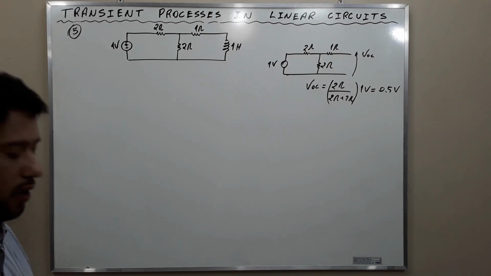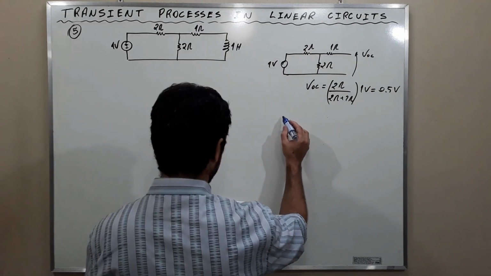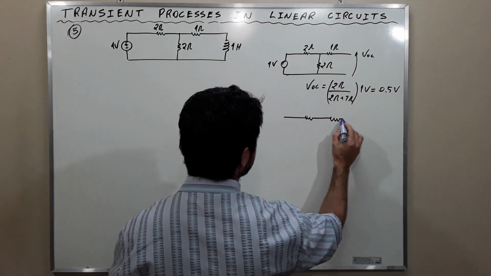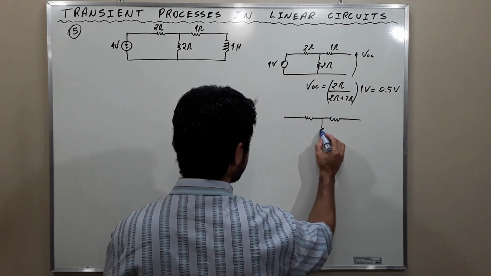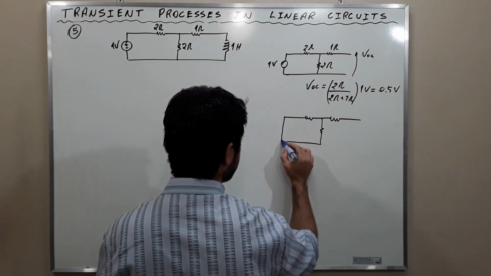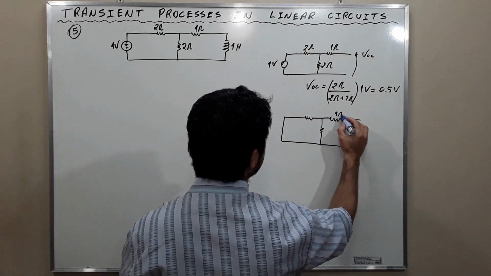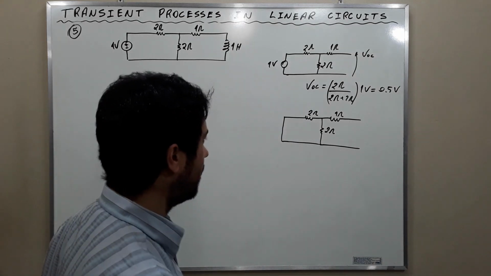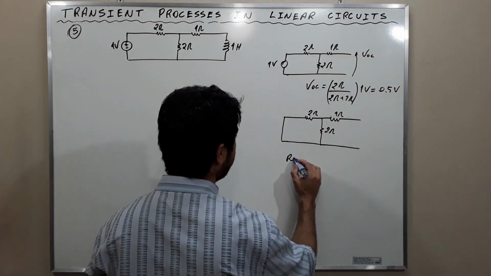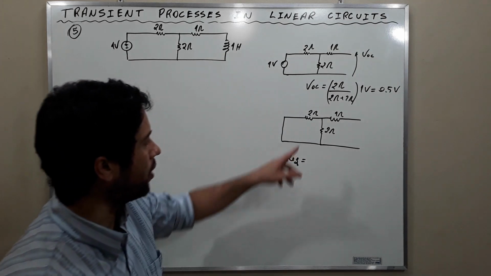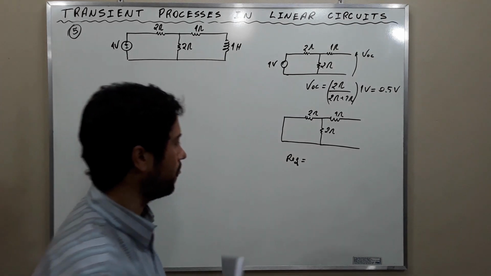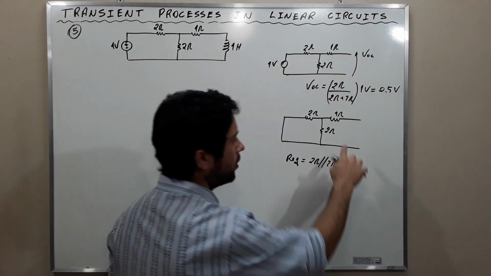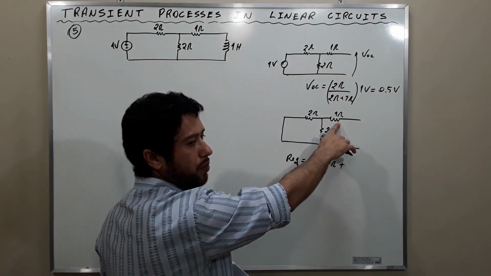Voltage source at rest is a short circuit. The equivalent resistance is going to be the parallel connection between these two resistors here plus this resistor here that will appear in series.